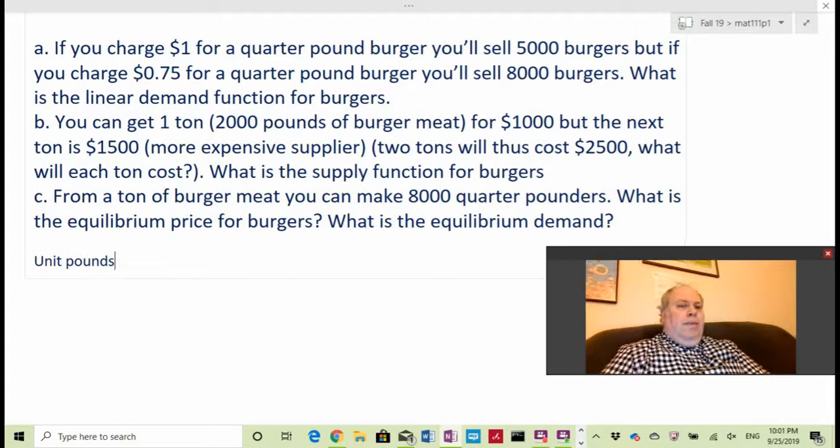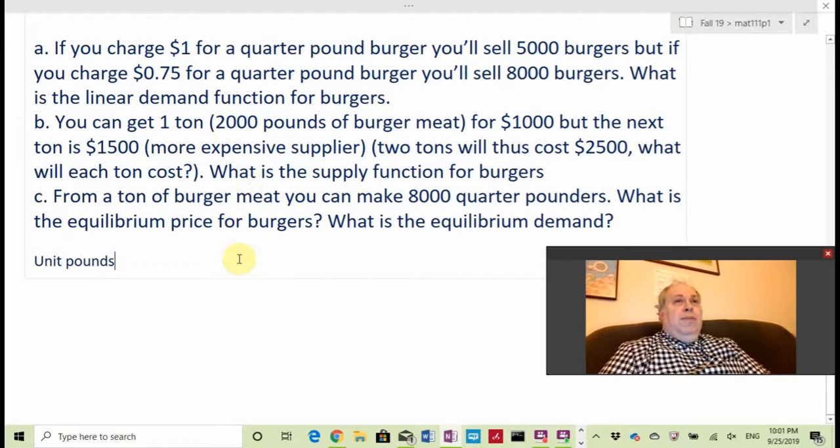Now, you're lucky that all of the suppliers are also working in dollars, as well as the sales. If you were getting your meat from, say, Mexico, then instead of dollars we might be getting it in pesos, so we'd have different units both for the money and for the quantities.